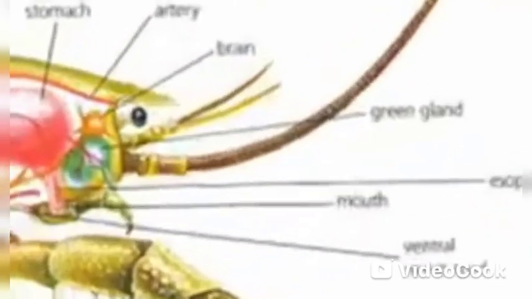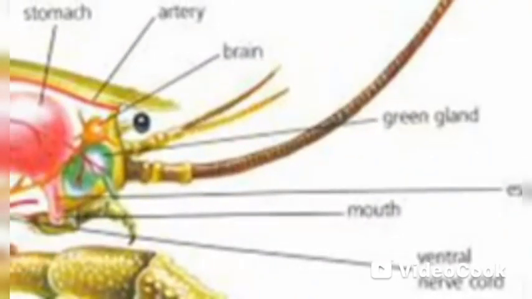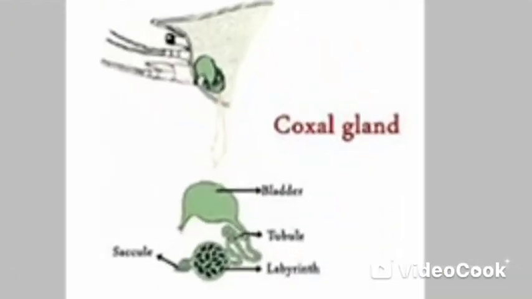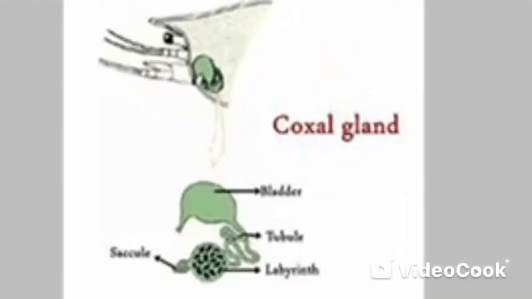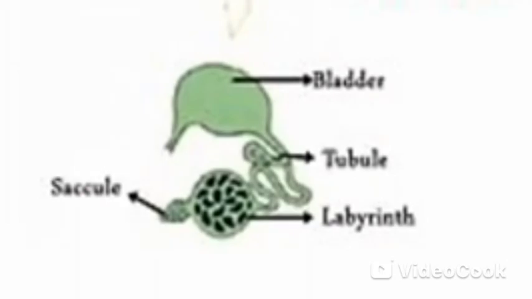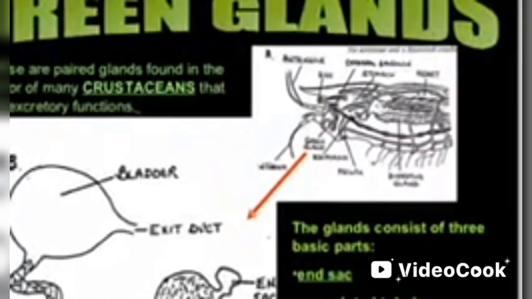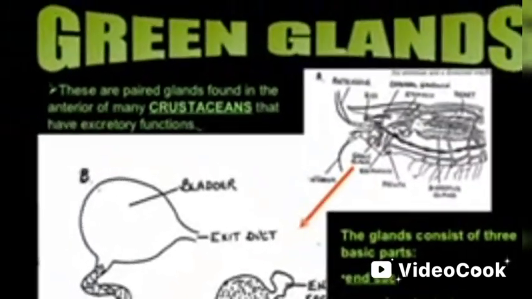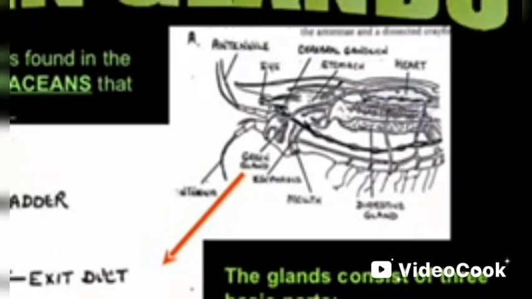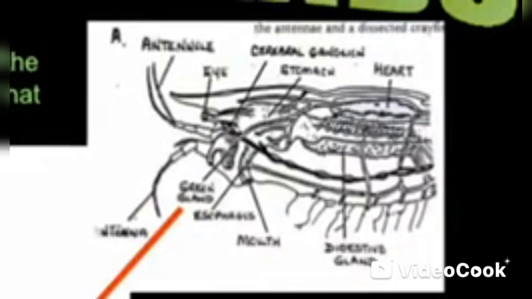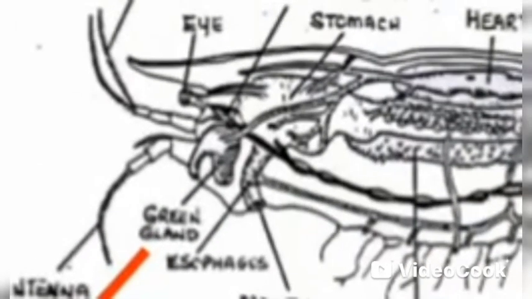Here you can see the green gland. Here the coxal gland, the parts of the coxal gland. Here in this figure also, see, crustacea. And this is the dissected crayfish.